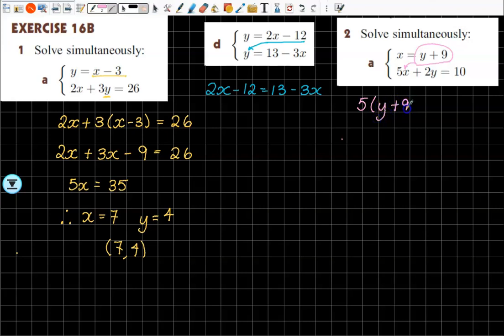Y plus 9, plus 2y equals 10. I don't know what happened with my bracket there. That looks a bit funky. And expand the brackets, solve for y, don't forget to find x. Yes? Does that seem reasonable?